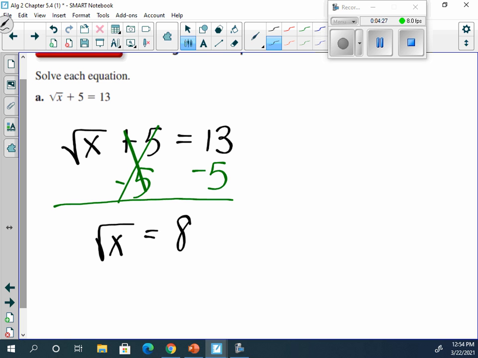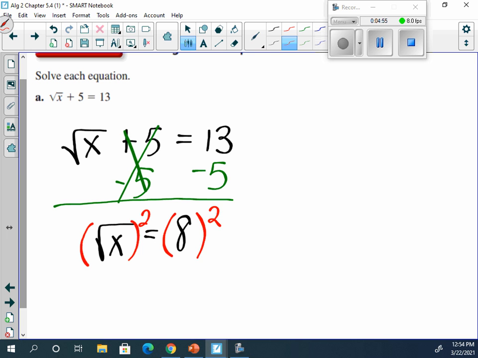Step 2, put both sides to the nth power. We're really wanting to simplify this radical, the square root. So what power would simplify that radical? 2, because if I square a square root, the square root and square would simplify.